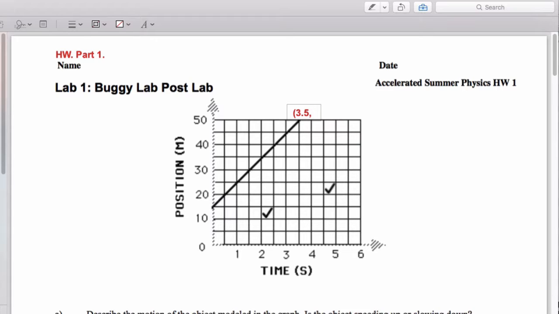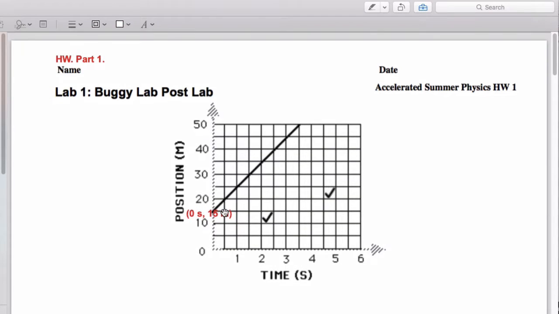And I will actually do a similar labeling down here where I'm at the 0-second time, meaning I've just turned my stopwatch on and the car is just starting to move, and I'm at 15 meters here. Let me just put that first label back there. So this is again 3.5 seconds, and I'm at 50 meters.